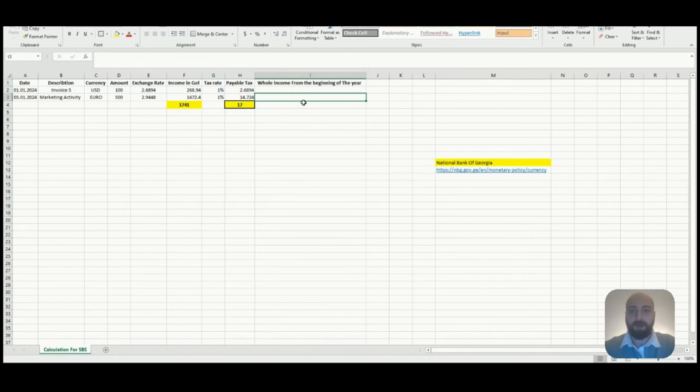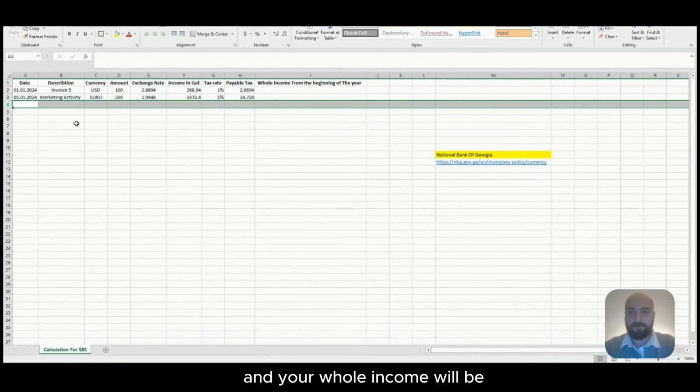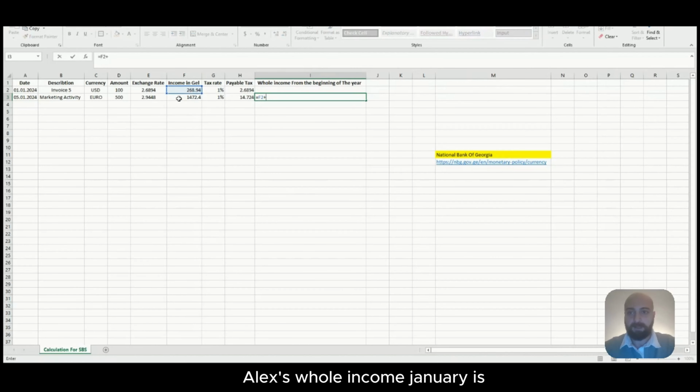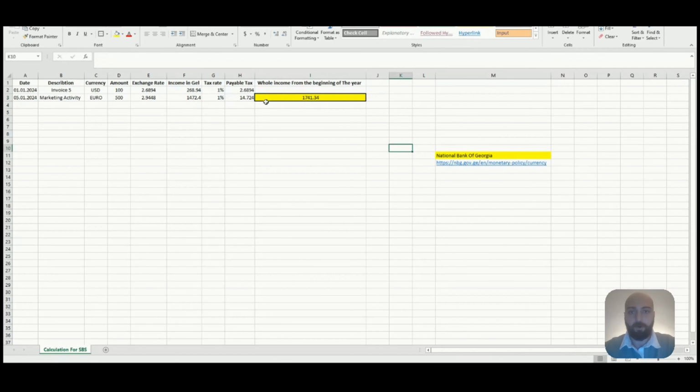It will be much easier for you to calculate this way. Alex's whole income in January is this amount.